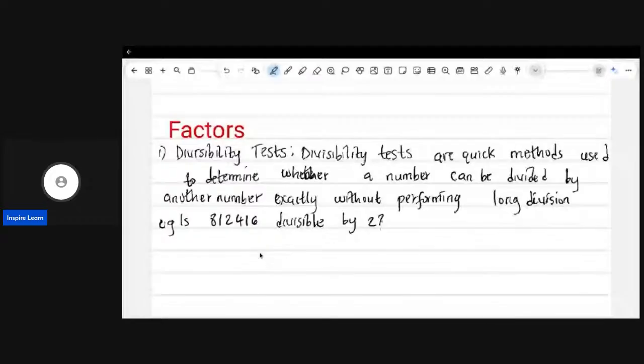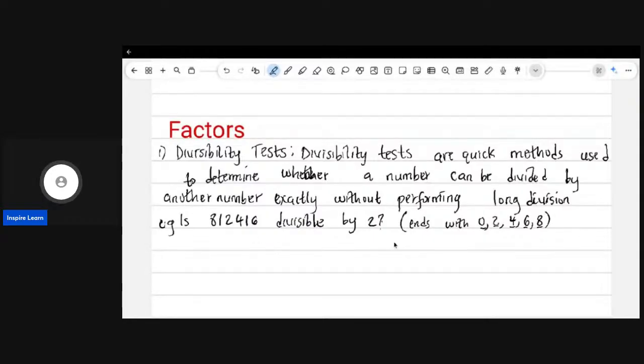You're supposed to know that as long as a number ends with an even digit, that is 0, 2, 4, 6, or 8, that number is divisible by 2.